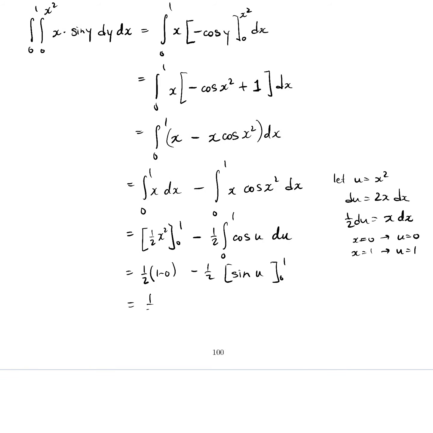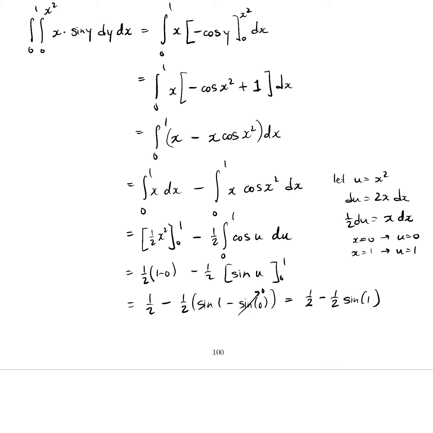So we're getting 1/2 minus 1/2 the sine of 1 minus the sine of 0. Sine of 0 is 0. And so we have as the function integral here 1/2 minus 1/2 the sine of 1.